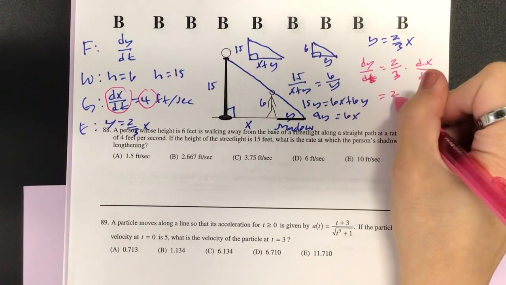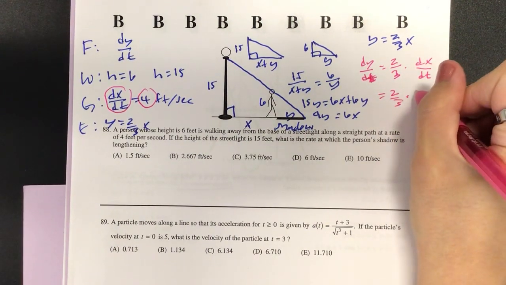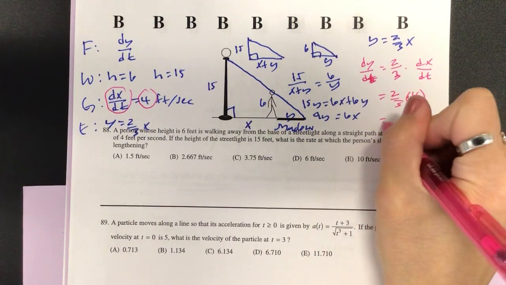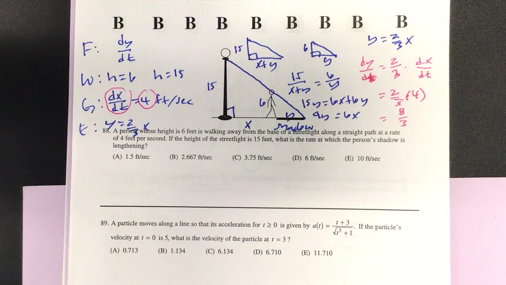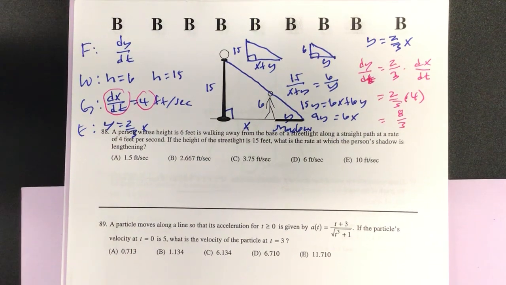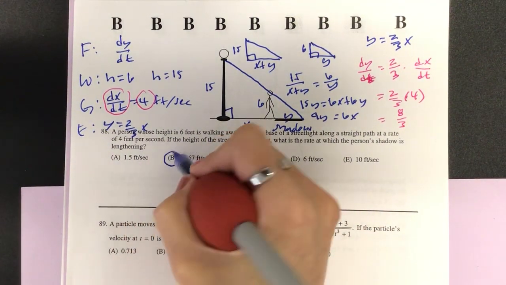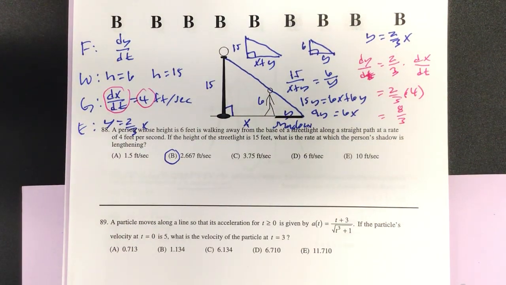Is that a yes? Okay, so when I multiply that by 4, that's going to give me 8 over 3. Let's type in 8 over 3 on the calc. And maybe you don't need to type it in because it's most likely what letter? B. B it is. Very good. So as long as you know where the variables go, you're good to go on this one. Okay?